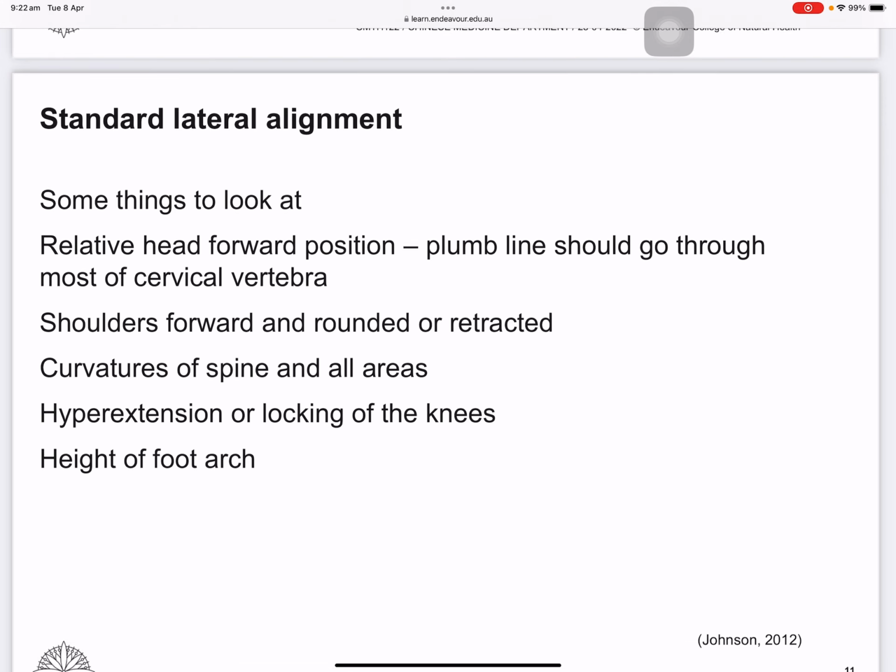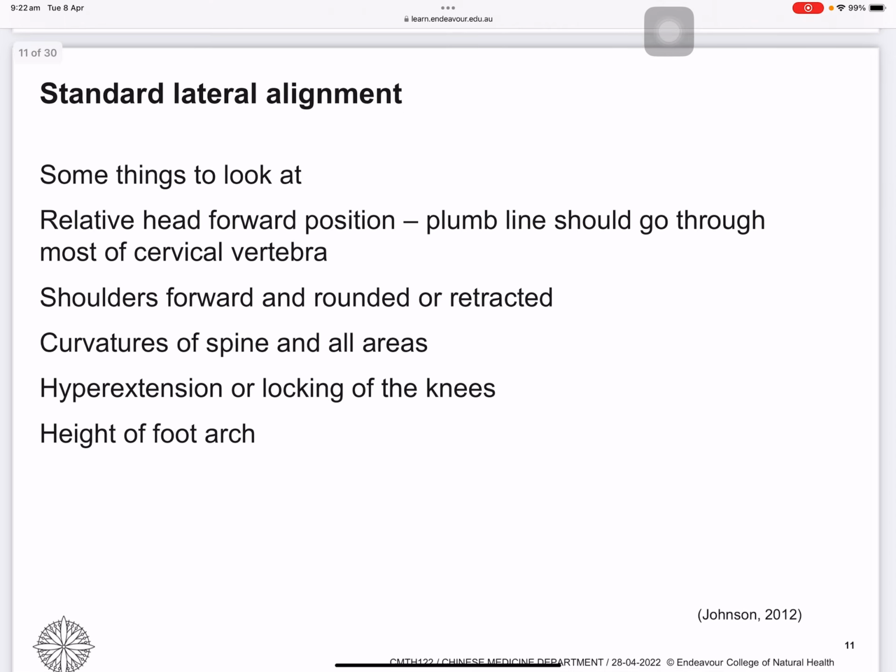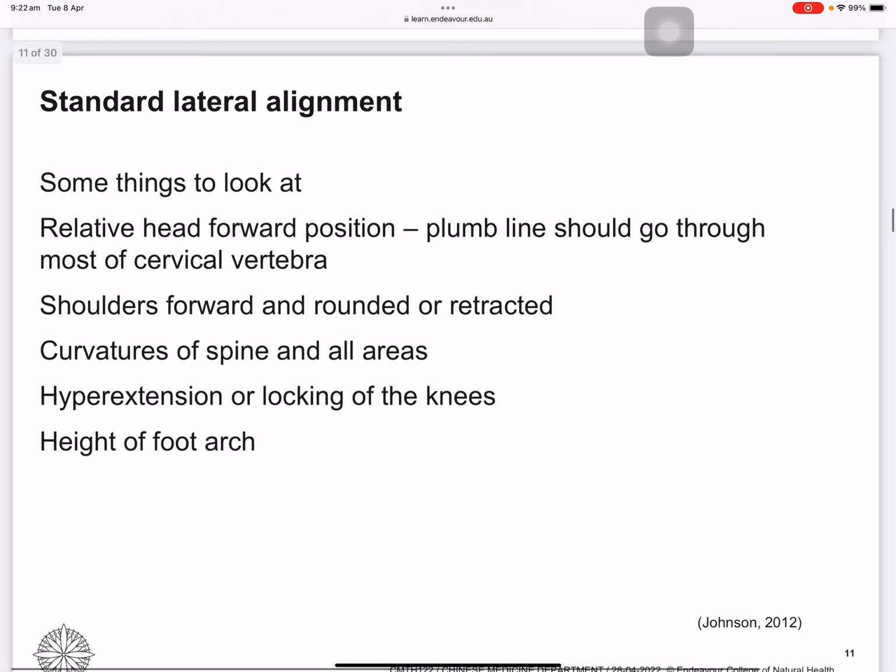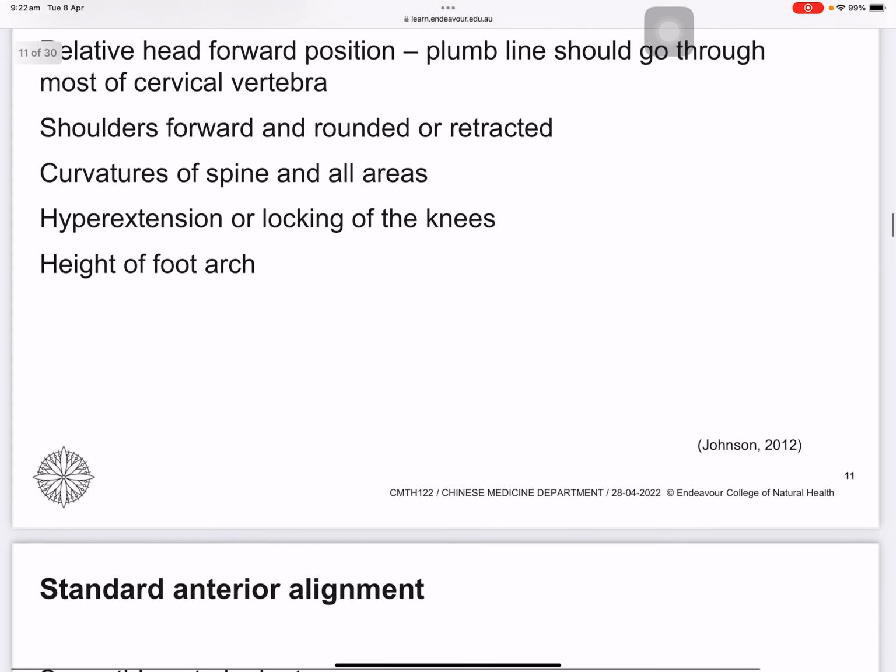And the standard lateral alignment. Okay, this one is quite a common imbalance.